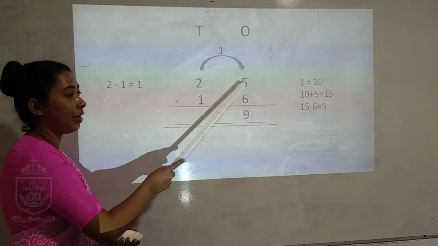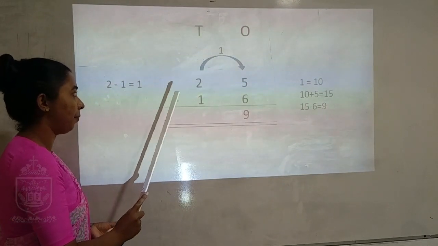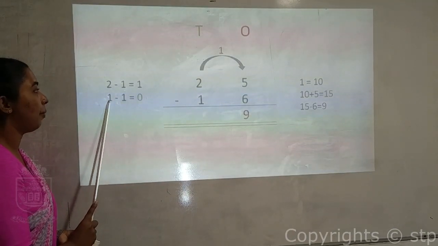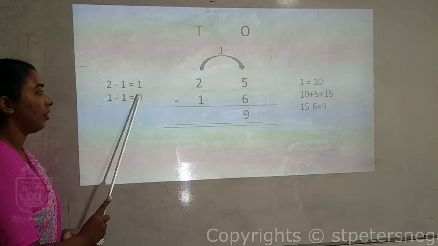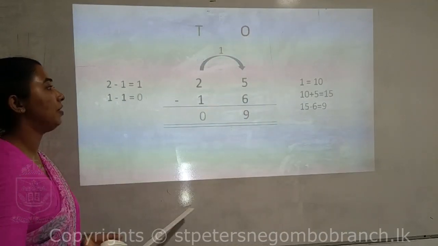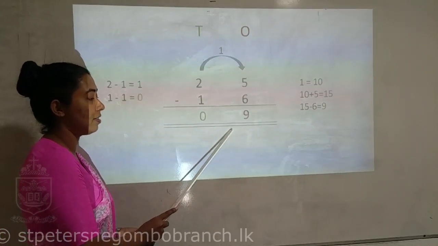We have already given 1 to this group, so only 1 is remaining here. If we subtract 1 from 1, the answer becomes 0. So if we subtract 16 from 25, the answer is 9.